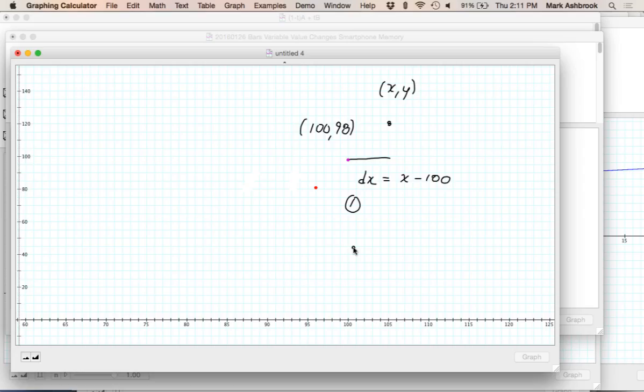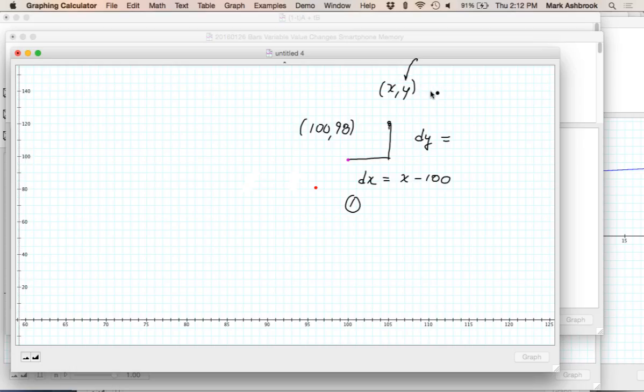Okay. And then we have dy, which is, as a result of that change in x, a change in y. And how much is that? y minus 98. Because it's, again, final value minus 98. But since we're trying to find that, we don't want to use that.